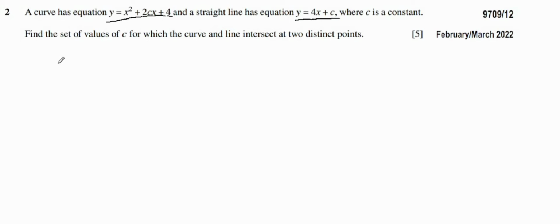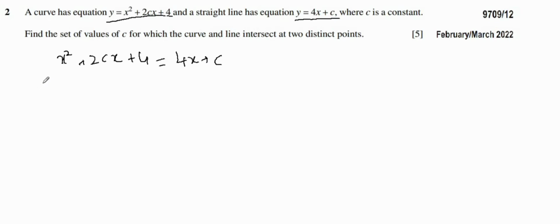So it becomes x squared plus 2cx plus 4 is equal to 4x plus c.